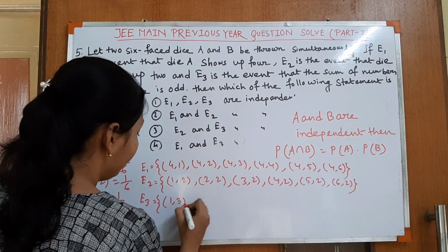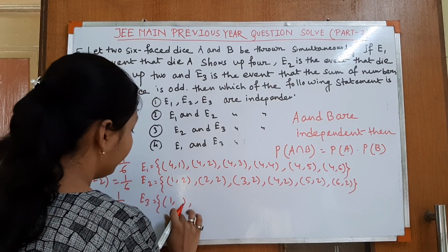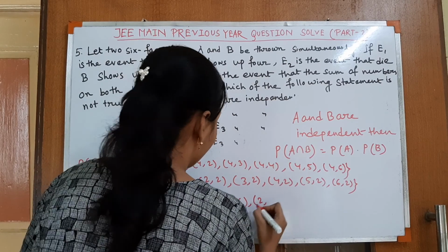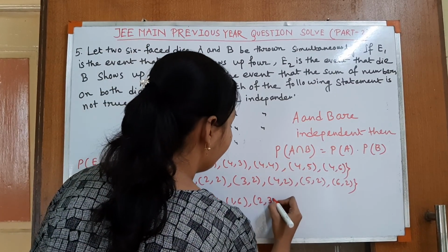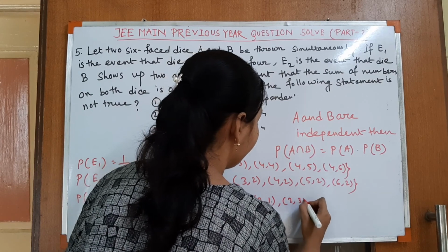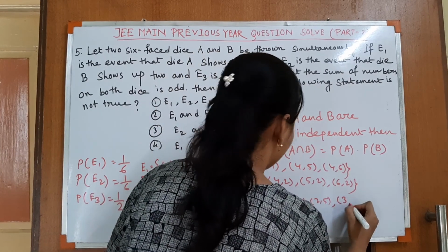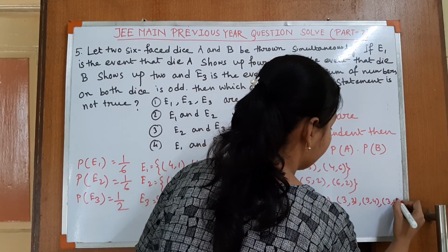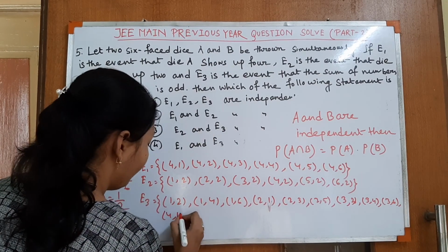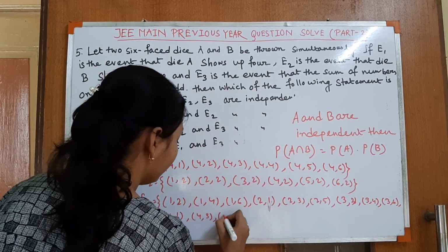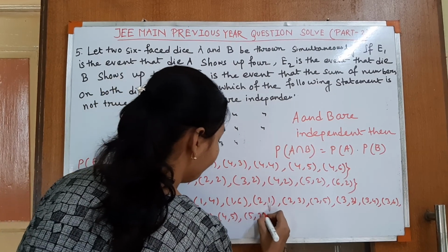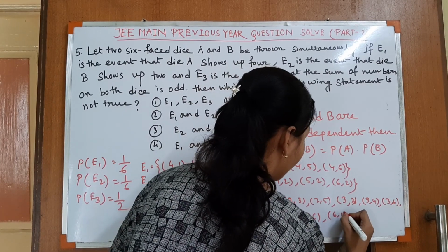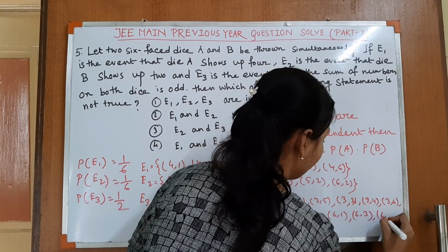(1,2), (1,4), (1,6), (2,1), (2,3), (2,5), (3,2), (3,4), (3,6), (4,1), (4,3), (4,5), (5,2), (5,4), (5,6), (6,1), (6,3) and (6,5).